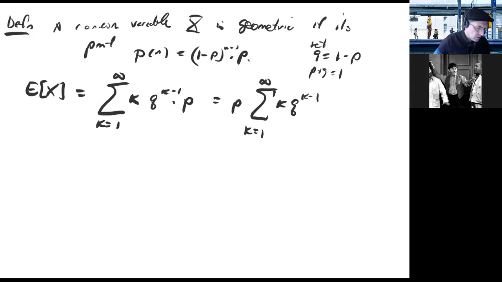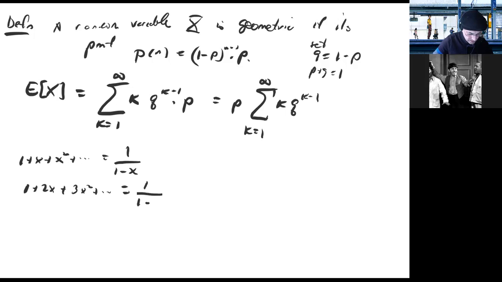Okay, so now let's recall the following formula. If we take 1 plus x plus x squared, etc., that's 1 over 1 minus x. I'm assuming the absolute value of x is less than 1, and if we differentiate, we get 1 plus 2x plus 3x squared, etc., is the derivative of the right side, which is 1 over (1 minus x) quantity squared.